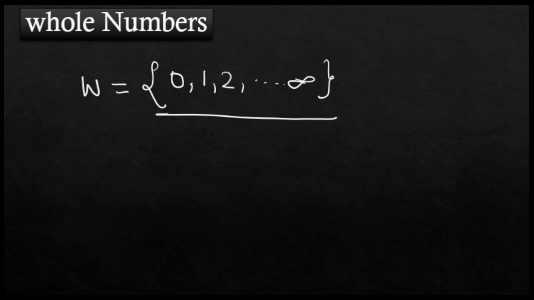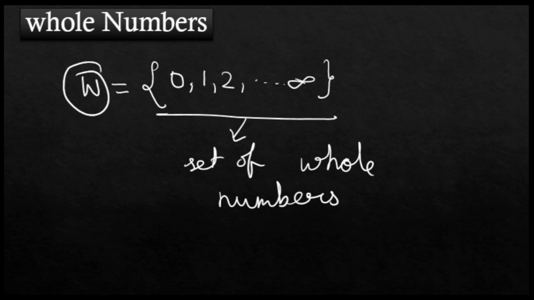This is the collection of whole numbers. This is a set of whole numbers denoted by the capital letter W. In this case, the least number is 0 and the whole numbers go to infinity.